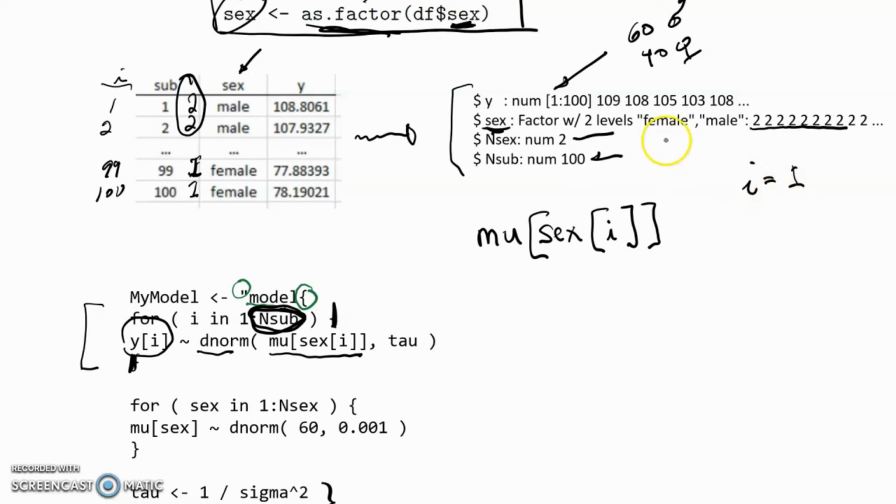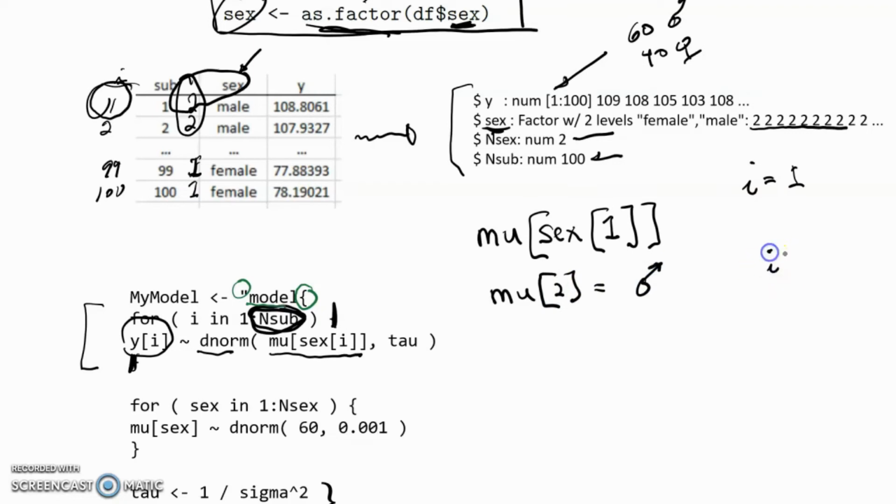We've got mu sex 1. What is sex? It's the value of sex when I is equal to 1. That's going to be mu 2, which is going to be equal to the males.